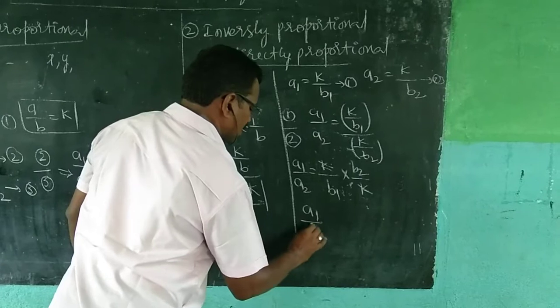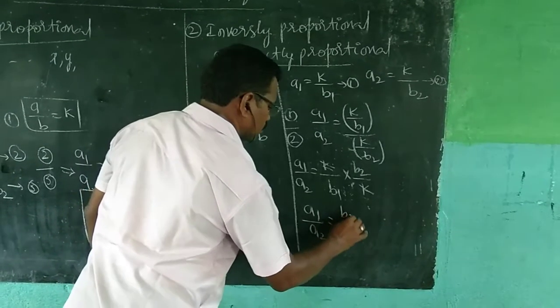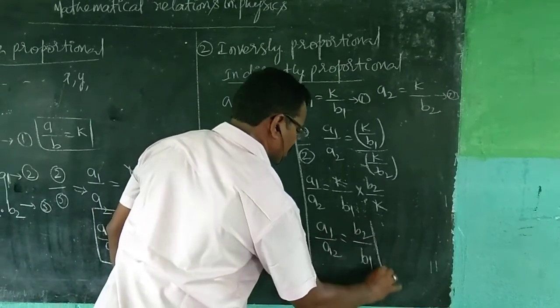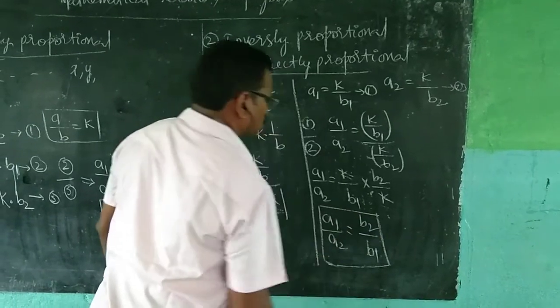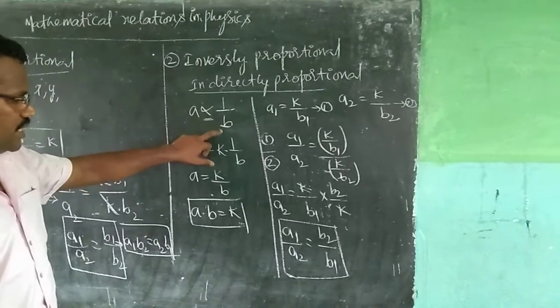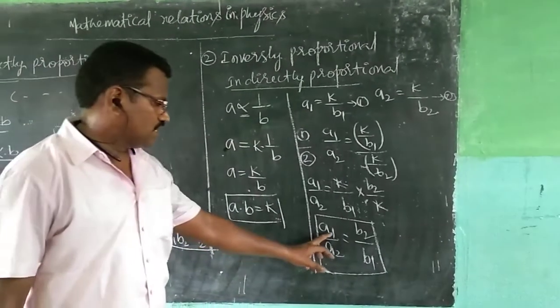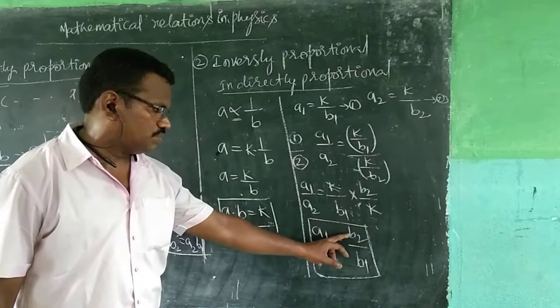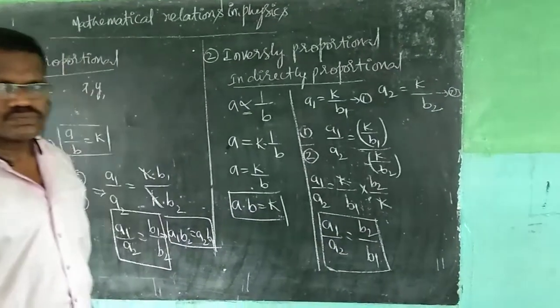We get A1 by A2 is equal to B2 by B1. Now we can say that if A is inversely proportional to B, the final result will be A1 by A2 is equal to B2 by B1.